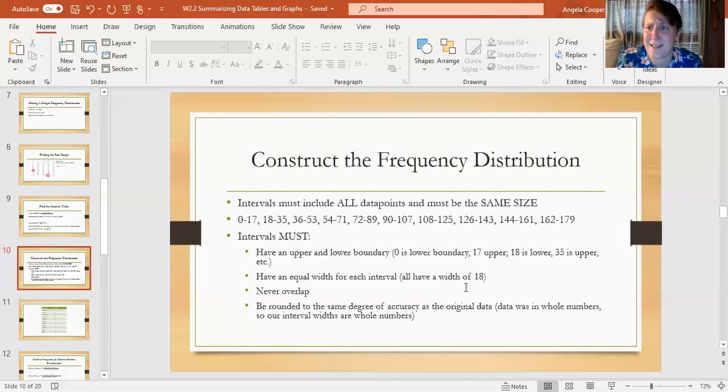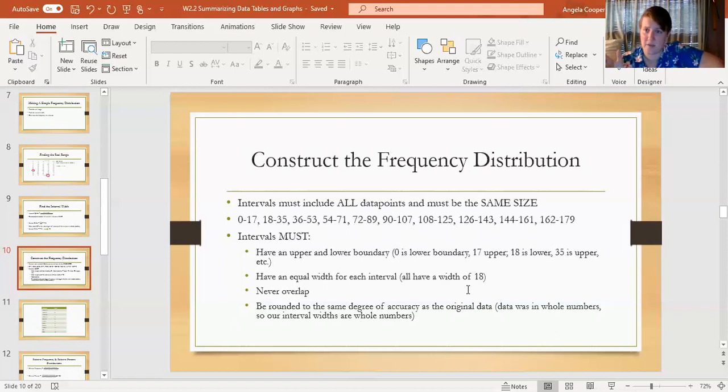So 0 to 17 is not actually a width of 17 because we count 0 as a number. So it's 0, and then we start counting 1, 2, 3, 4, all the way to 17, and that's 18. A width of 18. The same thing goes for 18 to 35, 36 to 53, all down the board.